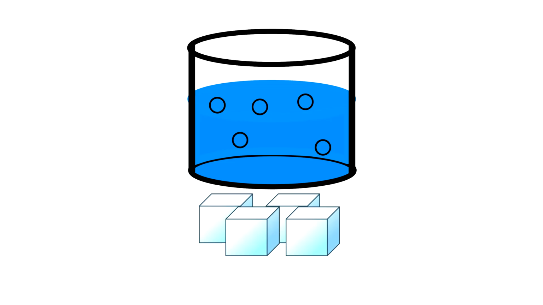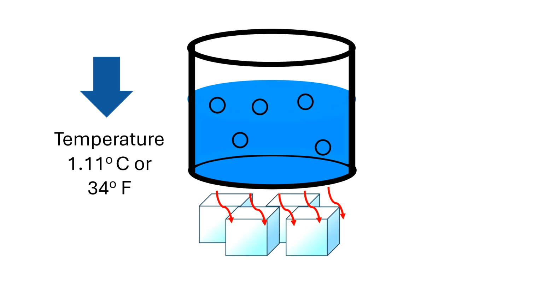Where will the heat go? Well, in this case, the heat from the water will travel down to the ice cubes to try and warm the ice cubes up. And if we stick a thermometer in the container, we'd get a measurement of about a little more than 1 degree Celsius or about 34 degrees Fahrenheit.